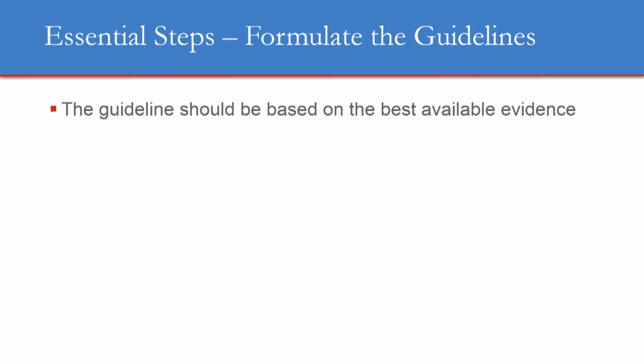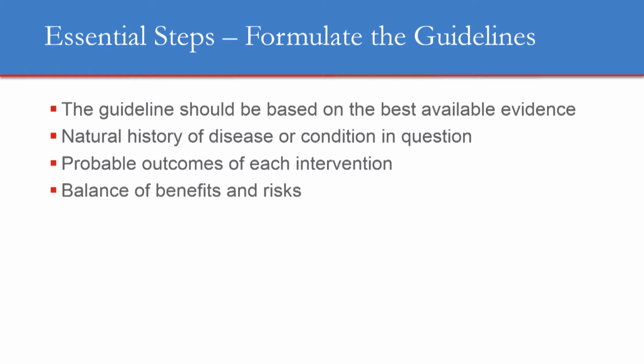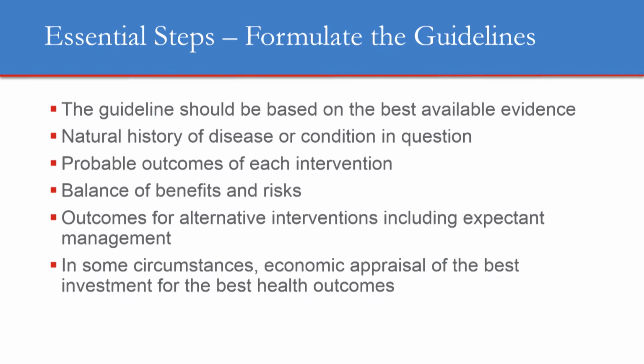The recommendations must take into consideration the natural history of the disease or condition addressed in the guidelines, the probable outcomes of each intervention taking into account the strength of evidence associated with each outcome, the balance of benefits and risks, a comparison of outcomes for alternative interventions, including conservative or expectant management, and in some instances, an economic appraisal of the best investment for the best health outcome.